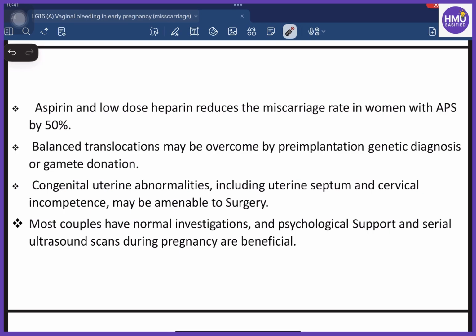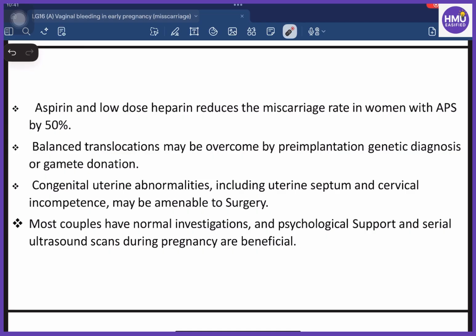The fertilized ovum is tested genetically, and if it is abnormal you're not going to implant it. So by IVF we reduce the risk of balanced translocation, we will not introduce an ovum that has the problem.